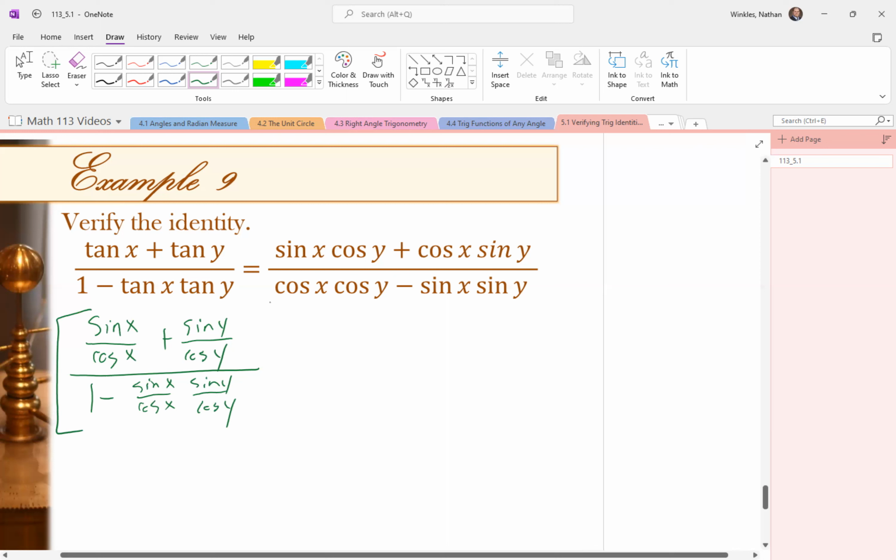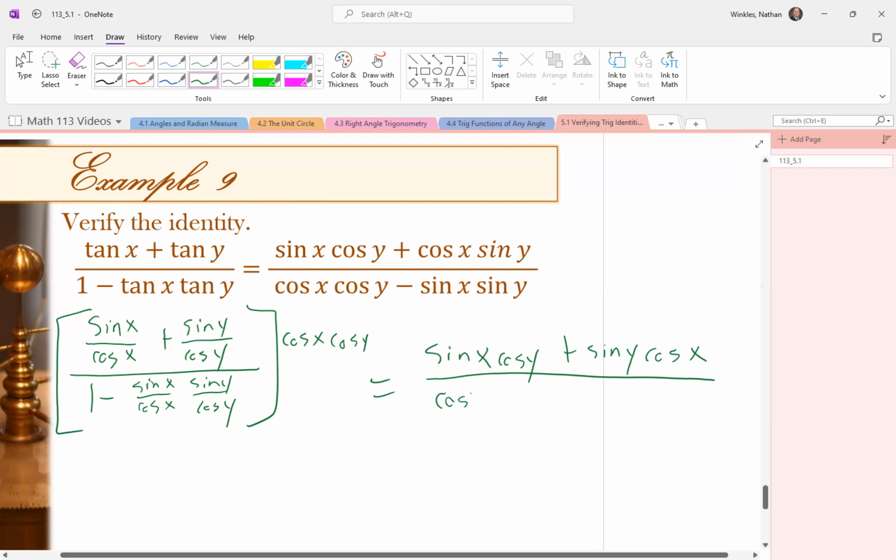So I'm going to multiply everything by cosine x cosine y. So when we do that, I get sine x cosine y plus sine y cosine x over cosine x cosine y minus sine x sine y.